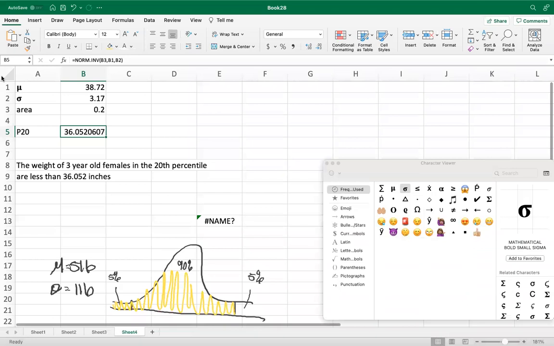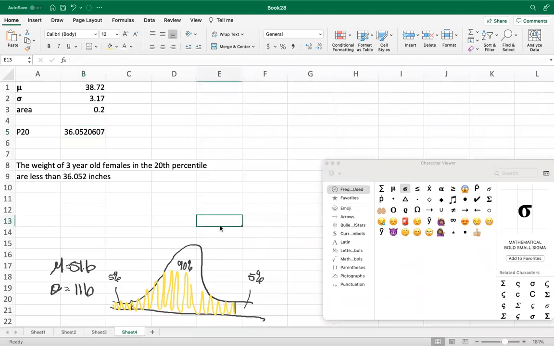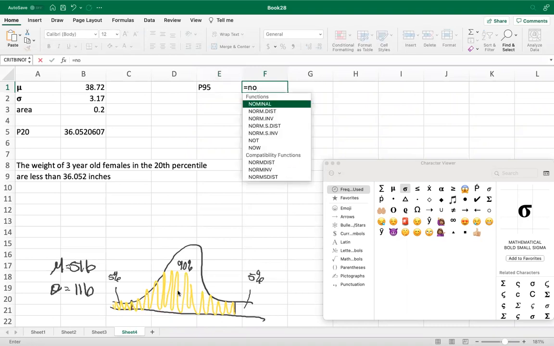So coming over here, in order to get the middle 90%, we're looking at the 90th percentile, or actually that would be the 95th percentile, because looking at these two areas together, 5% plus 90% would give us 95. So the 95th percentile is going to be equal to normal. Is it normal distribution or normal inverse?